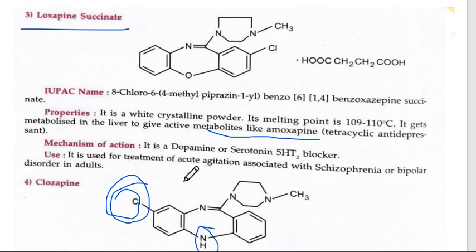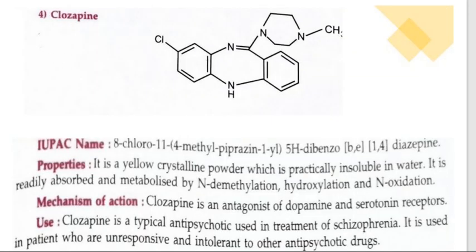This is the simple difference, and one more difference is that the succinate, as in loxapine succinate, is not present in clozapine. Okay, you can see this is clozapine, which has a diazepine ring.